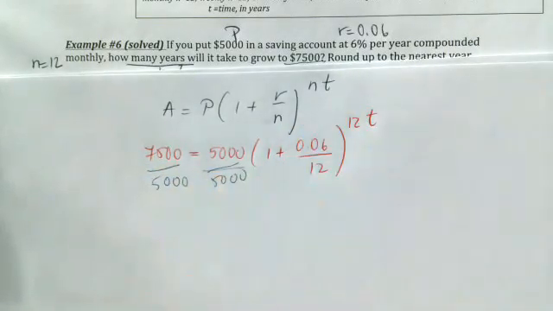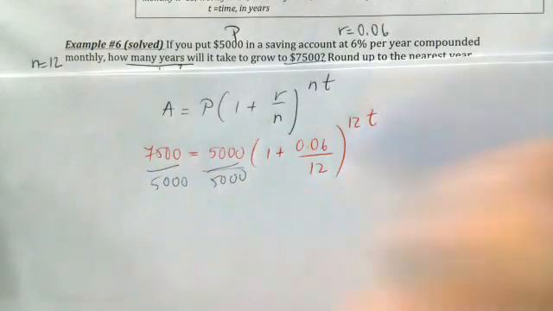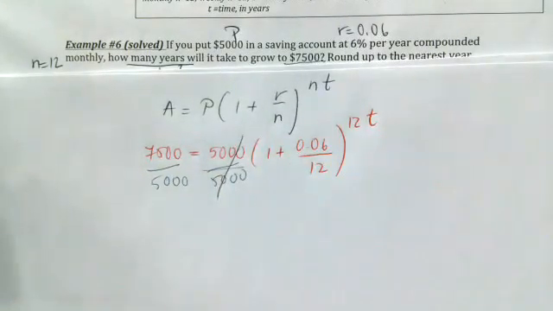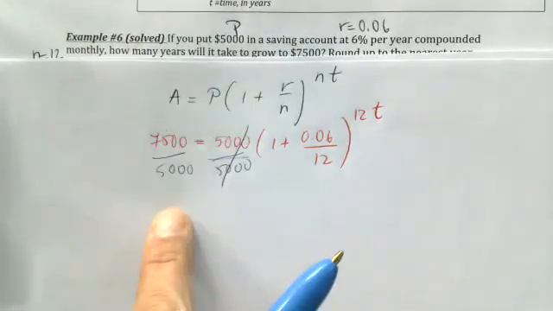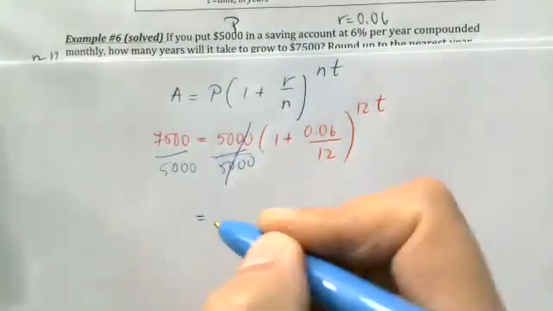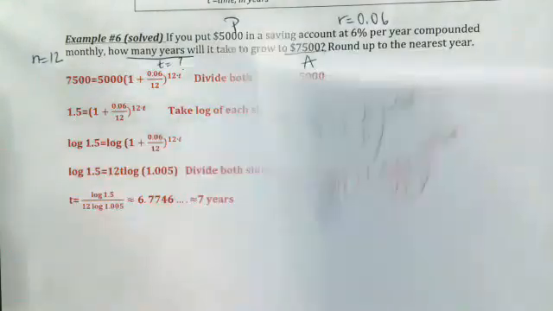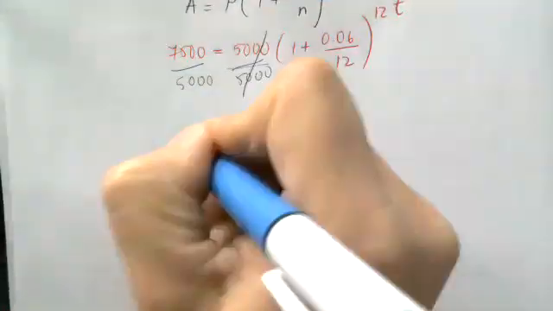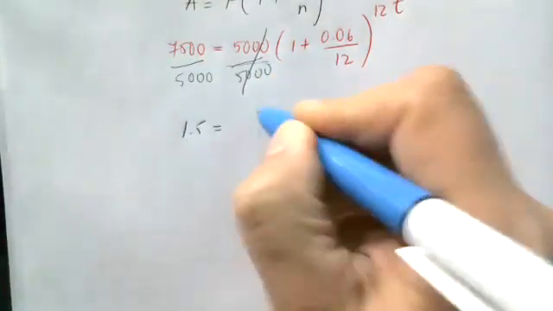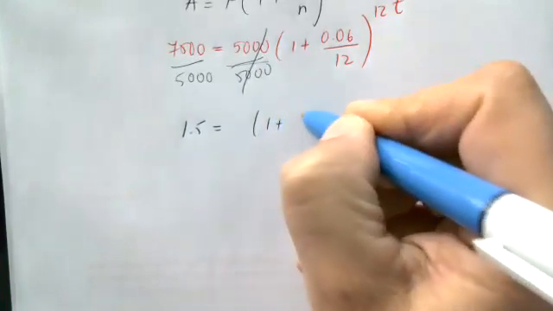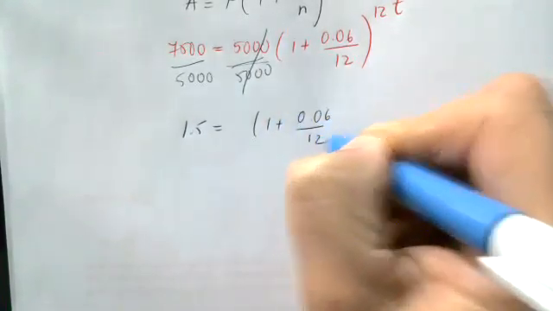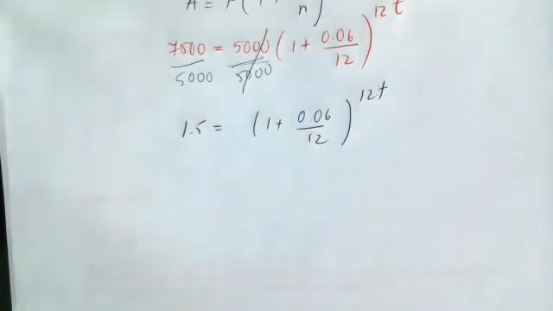Because then I have to apply the product rule, right? To split up the log, and it just makes it more work for me, okay? I don't want that. So by canceling this, it's going to give me less work. So 7,500 divided by 5,000, we get, is it 1.5? Yeah, 1.5. And we get 1 plus 0.06 over 12 to the 12t. Now we're going to take log of both sides.